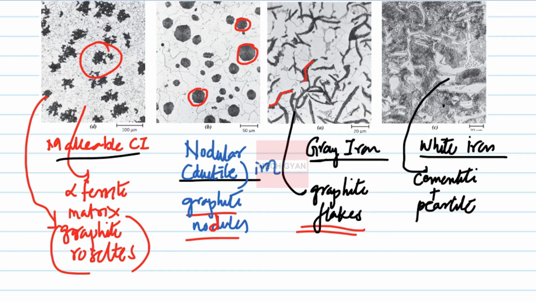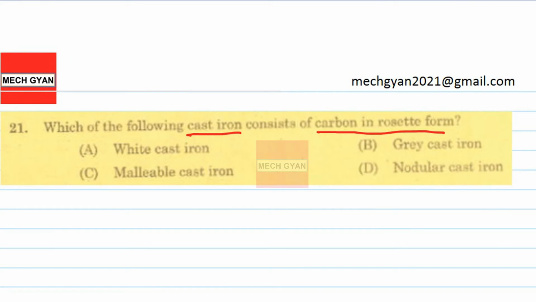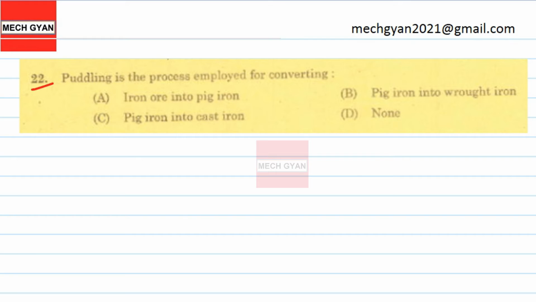In white iron we have a cementite plus pearlite structure. So the question is, which of the cast iron consists of carbon in rosette form? Answer is malleable cast iron. 21 option is C.